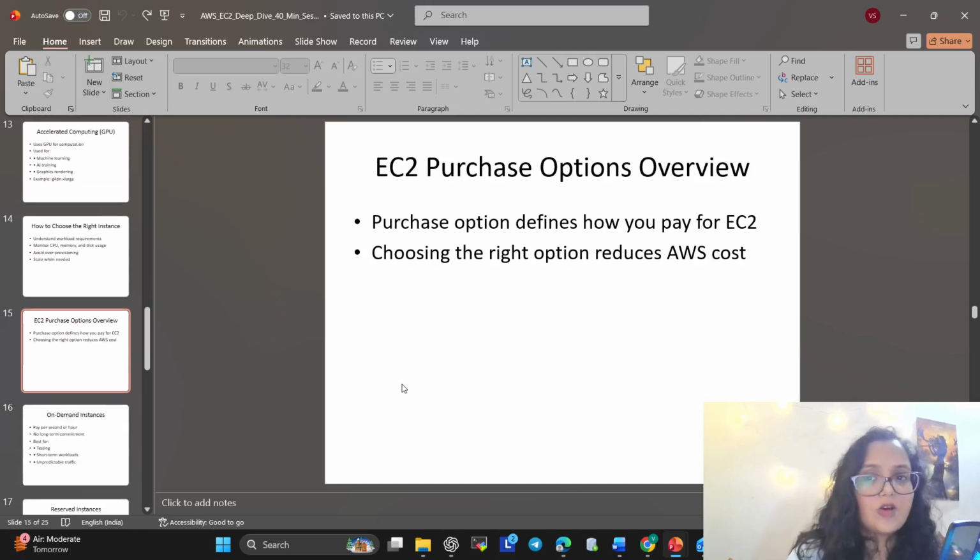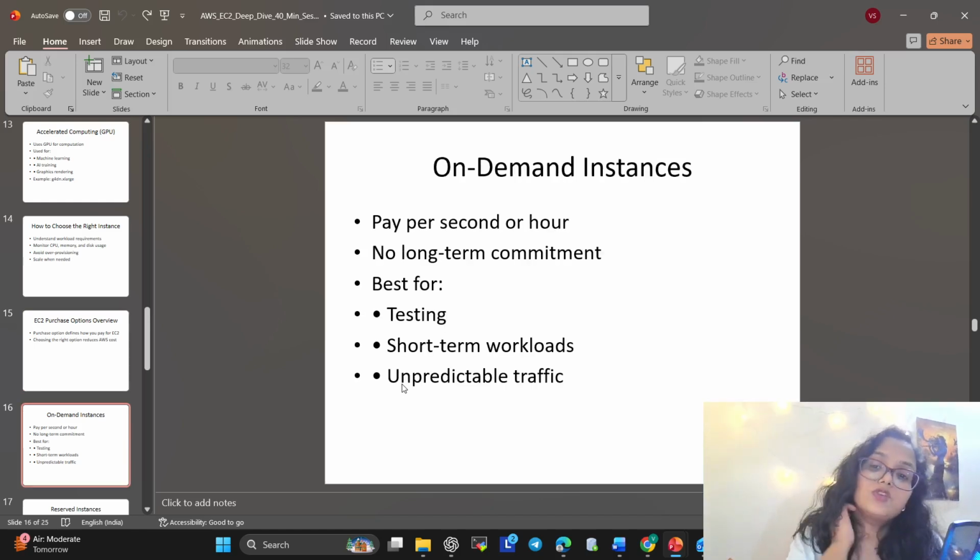Now, EC2 purchase options. Purchase options define how you pay for EC2. Choosing the right option reduces the AWS cost. First, on-demand instances. On-demand means pay per second or per hour.